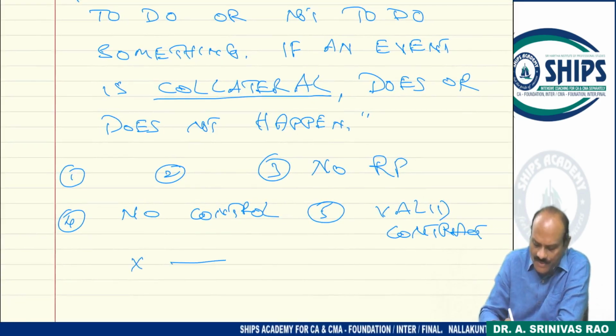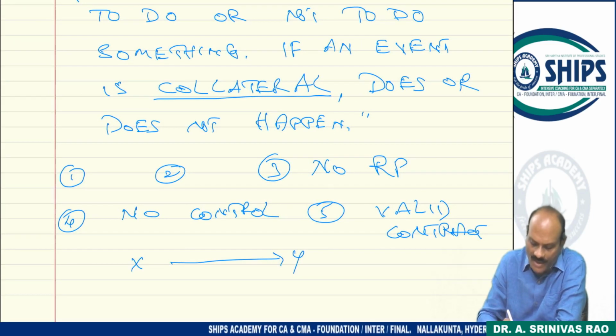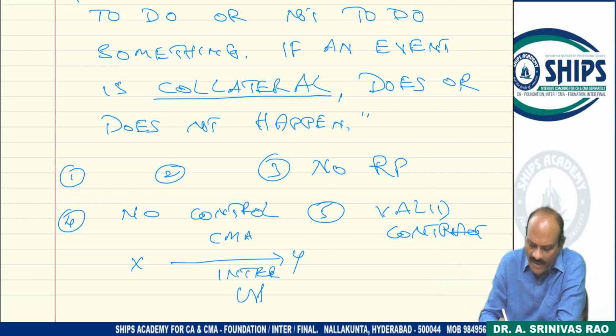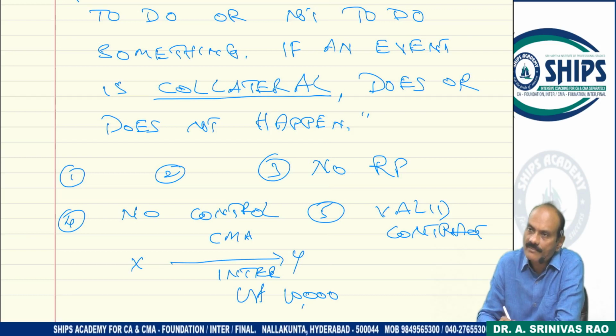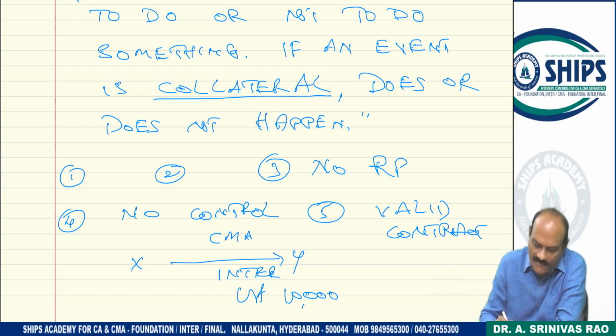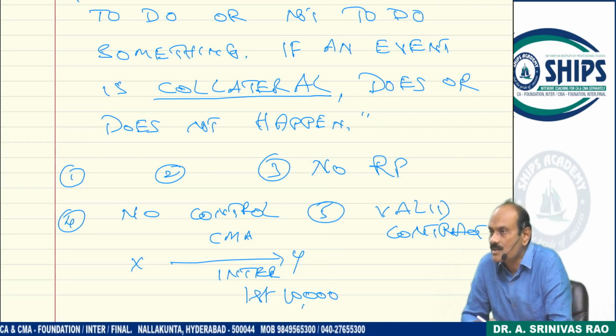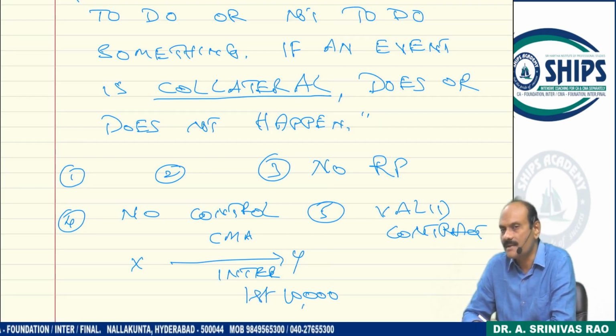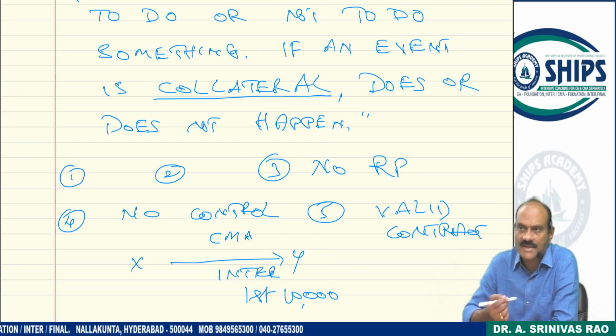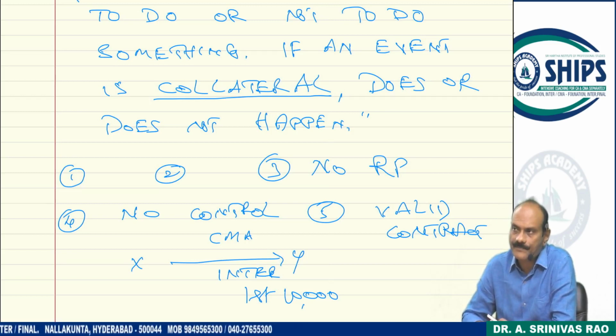X made a proposal to Y. Mr. Y, if you pass your CMA Inter first attempt, I will pay rupees 10,000. Y said done. This is the contingent contract.